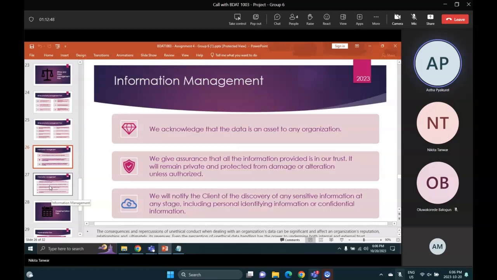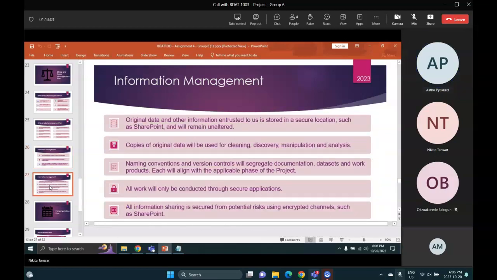And we'll also notify the client of the discovery of any sensitive information at any stage, including their personal identifying information or other confidential information. Next slide, please.